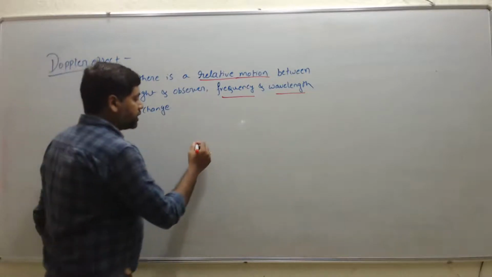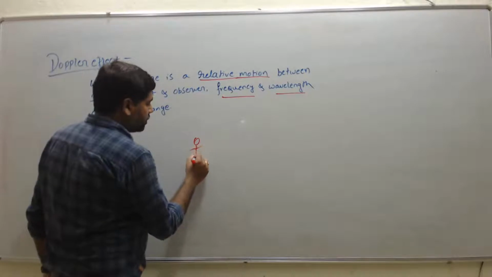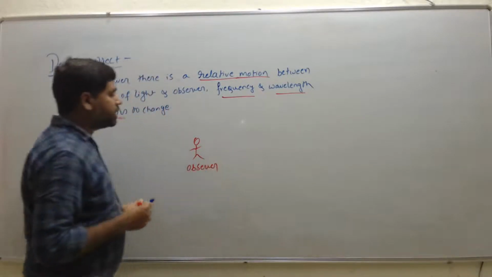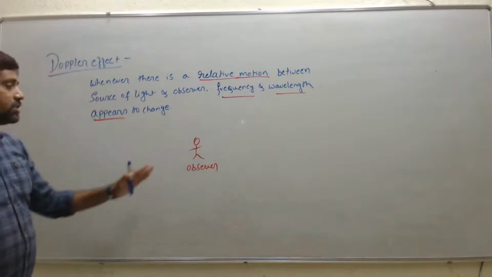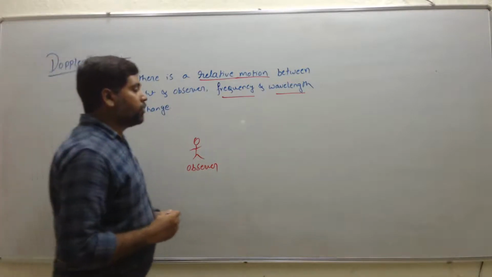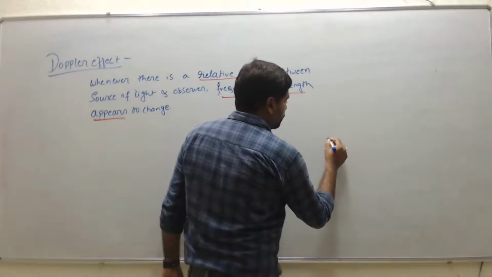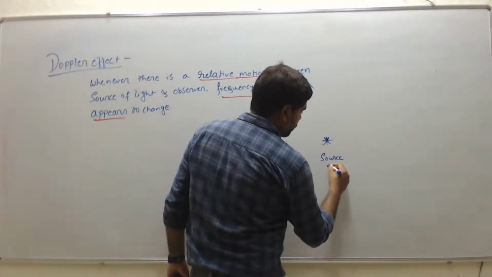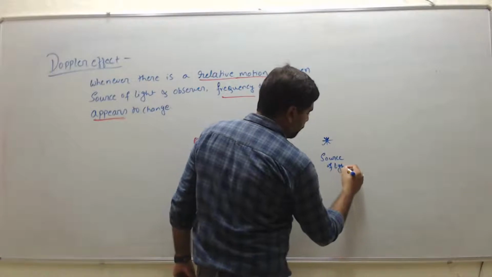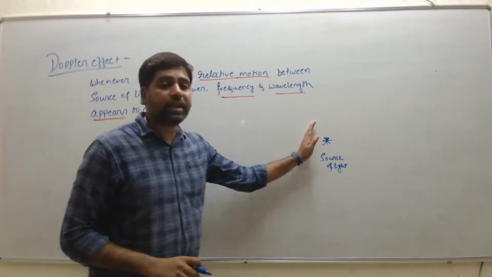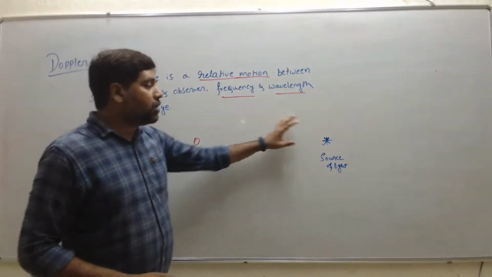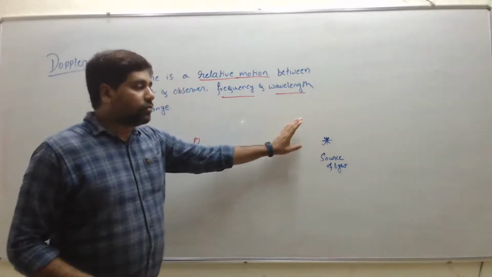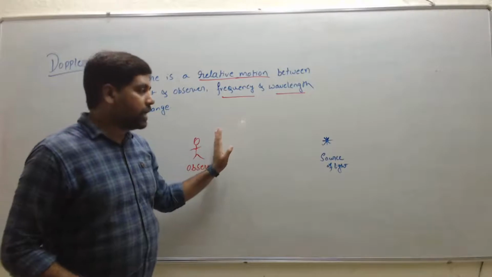So if we consider one case, here is the observer. Here is the observer, a stationary observer, and the source of light. From the source of light we are getting the wavefronts in all directions, that is waves or wavefronts which travel in all directions.